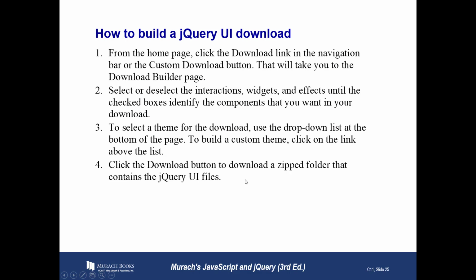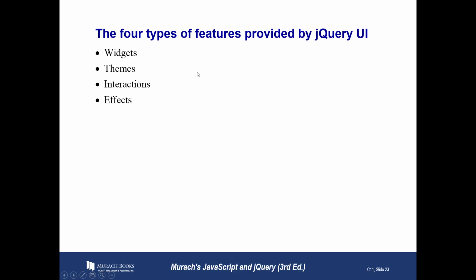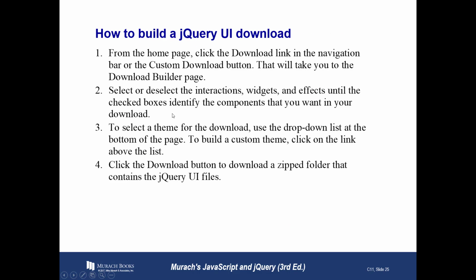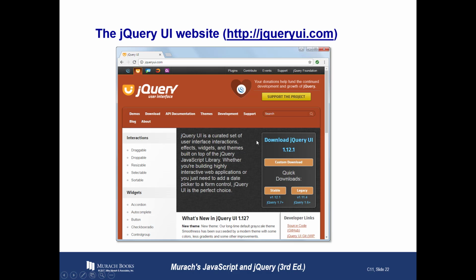All right, this is how to build a jQuery UI download. Click the download link. Unless you want to download everything, you'll click the custom download button right there. Select or deselect anything you want or don't want. Select the theme. Use the drop-down list. You can also build a custom theme from clicking on the link above the list.